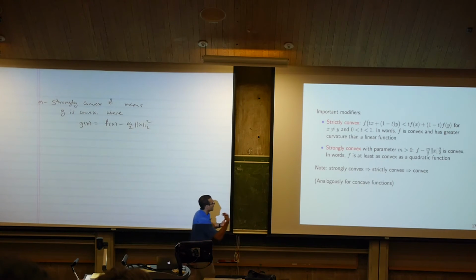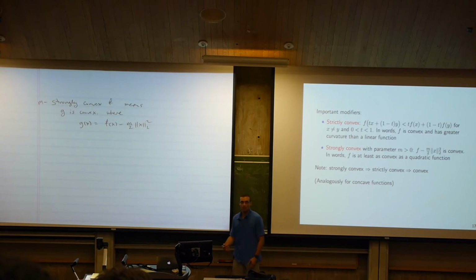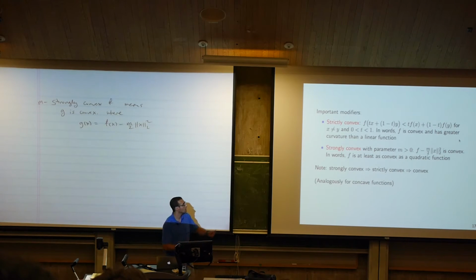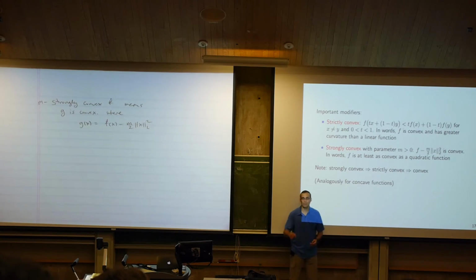So thinking about it again in terms of curvature, f is convex and it's at least as curved as a quadratic function. It can't just be more curved than a linear function. It needs to be at least as curved as a quadratic function, and in particular this quadratic function. So even after we take away that quadratic function, the residual is still convex: f minus m over 2 times the norm of x squared.